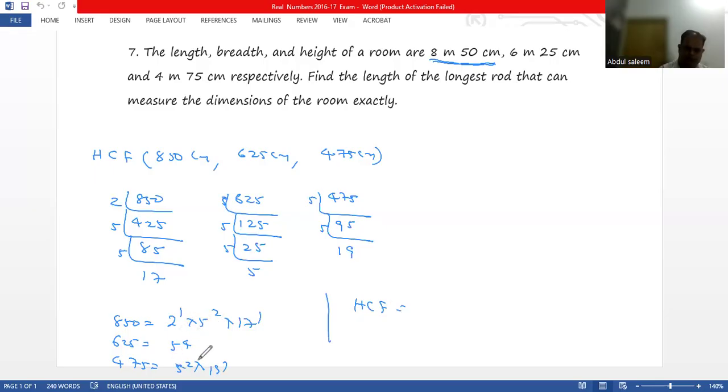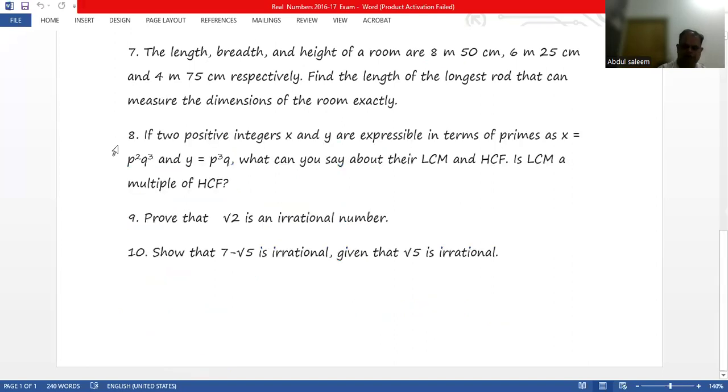In the case of 5, it is 5 two times in the other numbers also. So it is 5 square, which equals 25. Since we converted into centimeter, using a 25 centimeter scale we can exactly measure the length, breadth, and height. Next one, the eighth question.